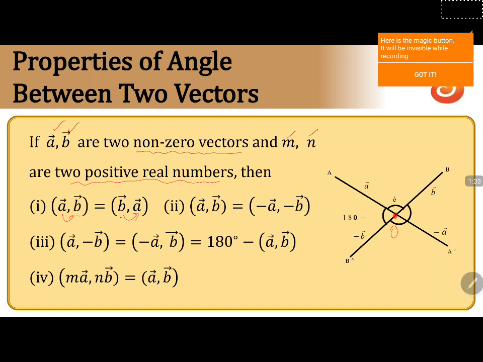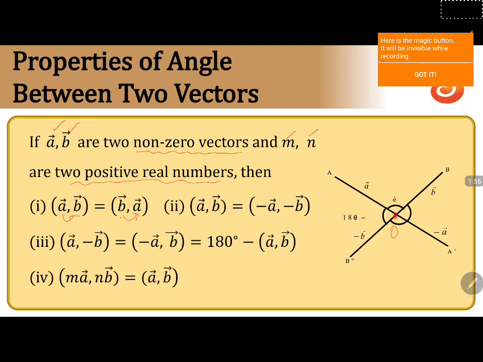Now coming to the second property, the angle between A vector and B vector is equal to the angle between minus A vector and minus B vector. The angle between A vector and B vector is in the anti-clockwise direction.